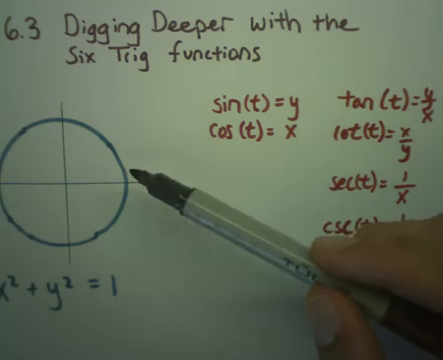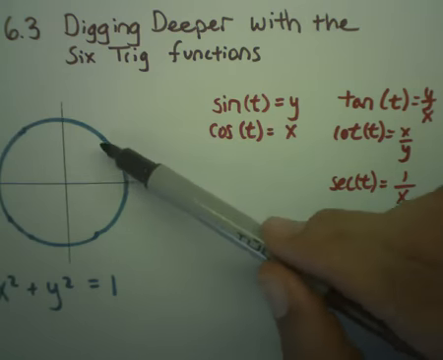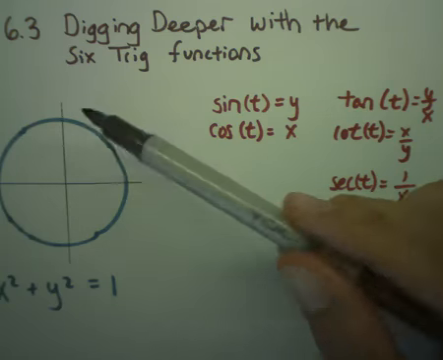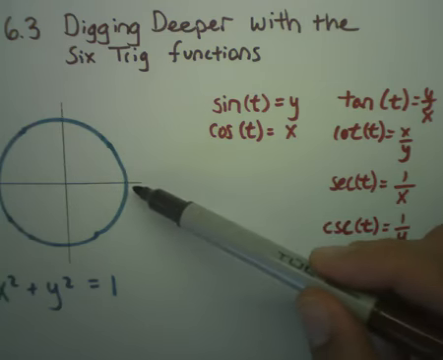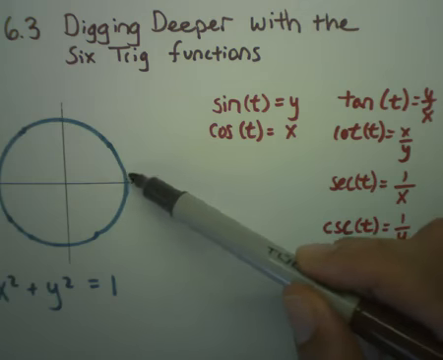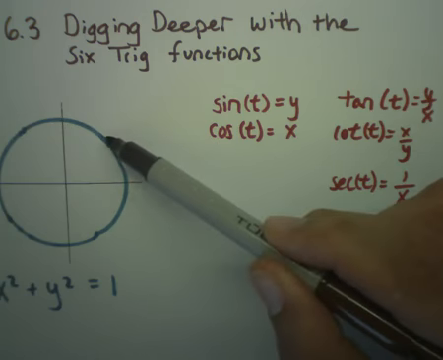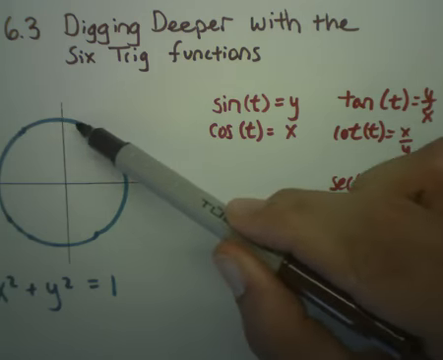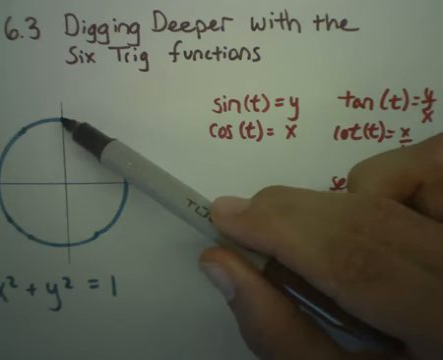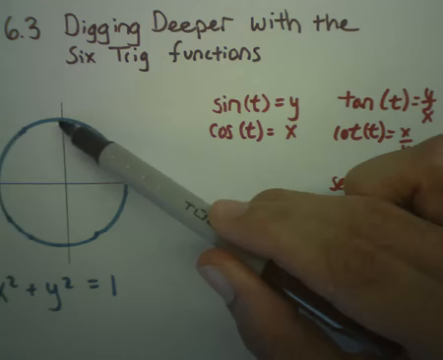Or if you're in radians, 0, pi over 6, pi over 4, pi over 3, and pi over 2. Along with the points: 1 comma 0 for this point right here, then square root of 3 over 2 comma 1/2, square root of 2 over 2 comma square root of 2 over 2, 1/2 comma square root of 3 over 2, and 0, 1.